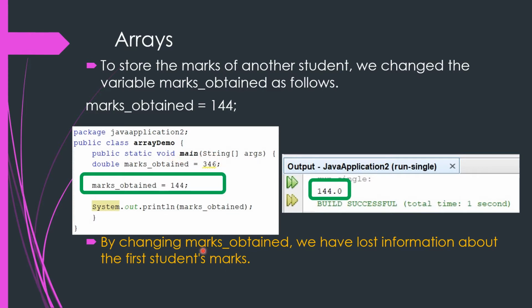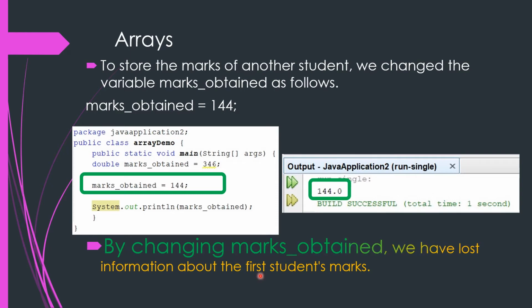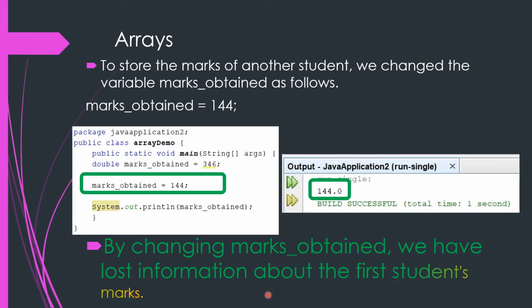So by changing marks obtained, we have lost information about the first student's marks. Whenever we change the variable, only the new value will be displayed and we have lost the information about the previous value. So this is where we need array instead of variable.